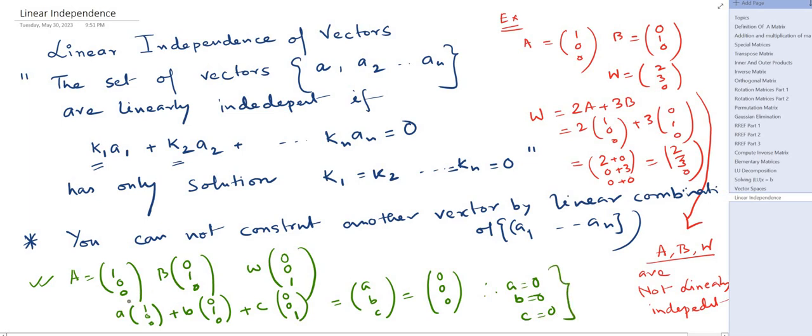So we can say that in this case a, b and w are linearly independent.